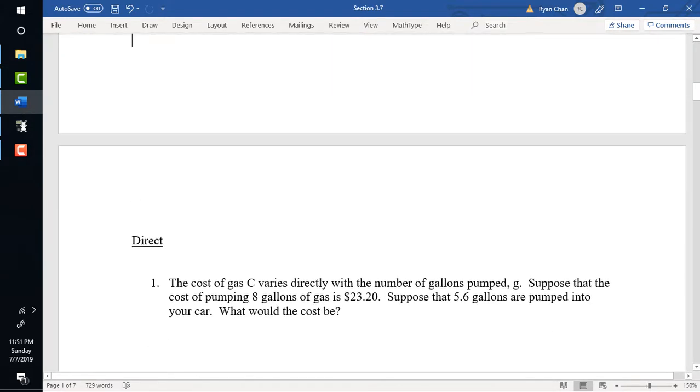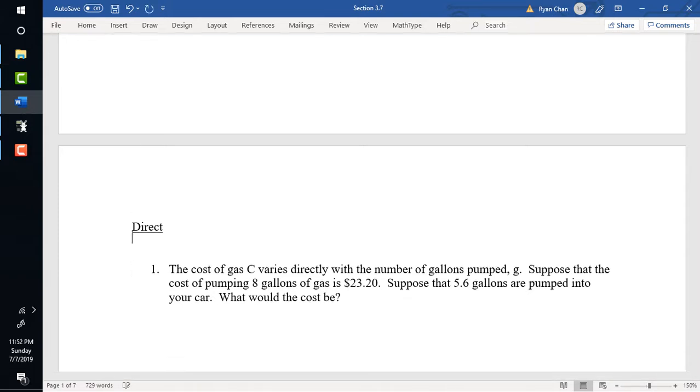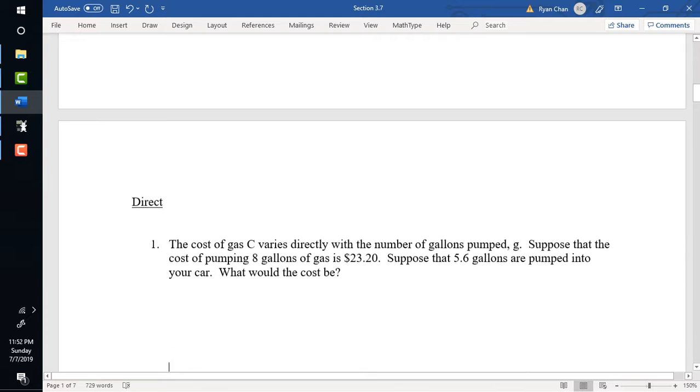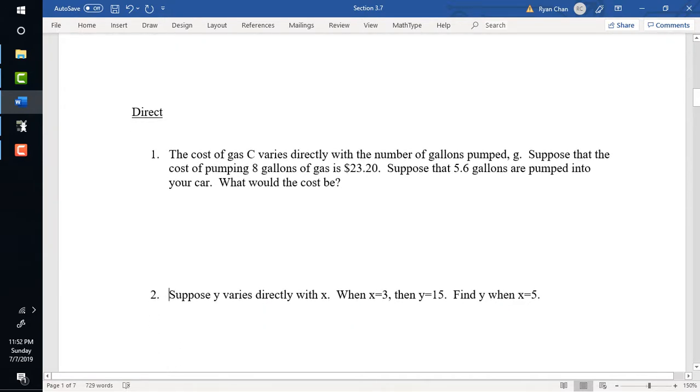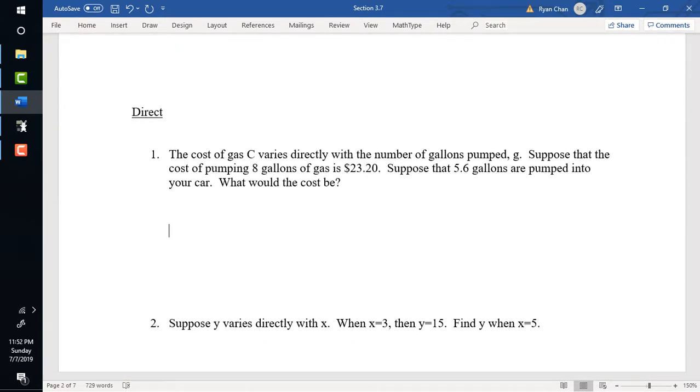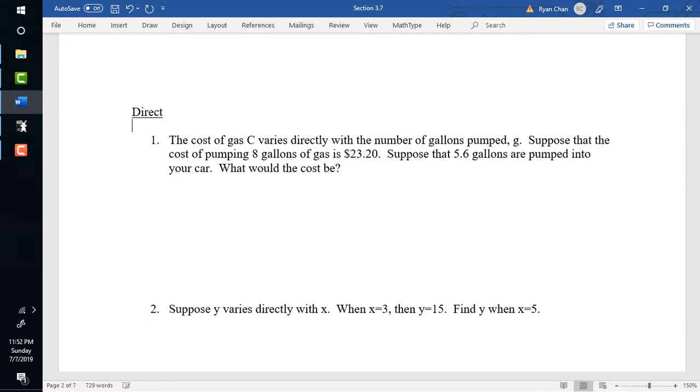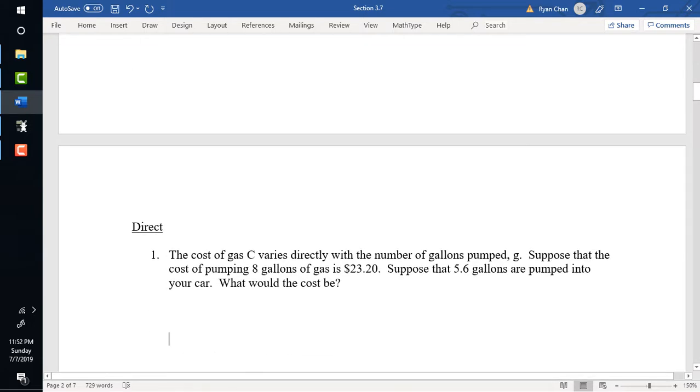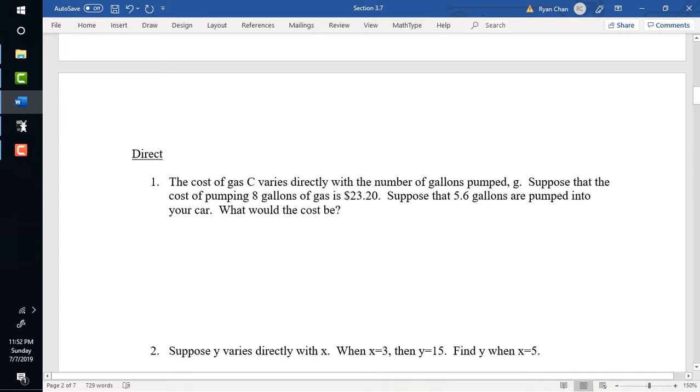Let's look at, for example, direct. If I take a look at number 1, notice it says varies directly. That's a key giveaway. The words varies directly mean I'm going to do y is equal to k times x.